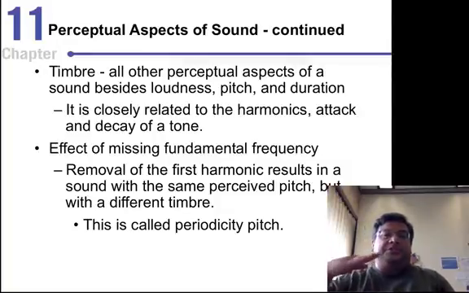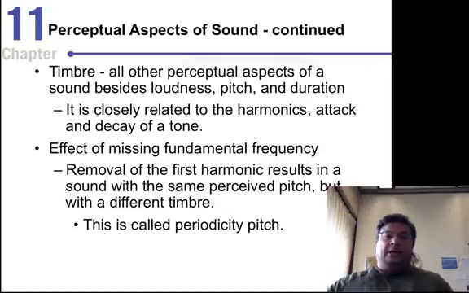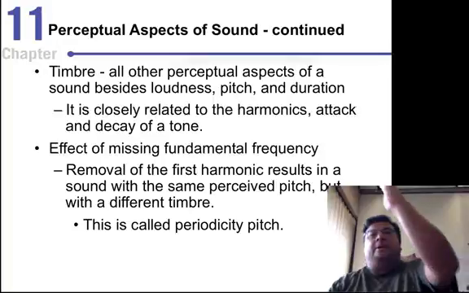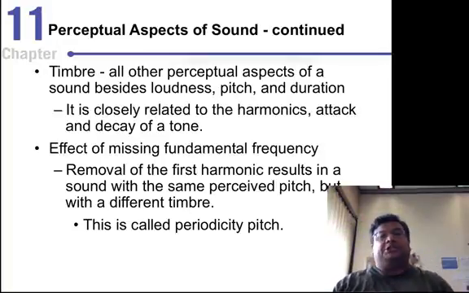Whether a tone has a slow, gradual increase, or whether there's nothing and then it attacks all of a sudden. Maybe it has a slow decrease, or it plays for a while and then it just shuts down. All of those things mix together to produce a timbre.